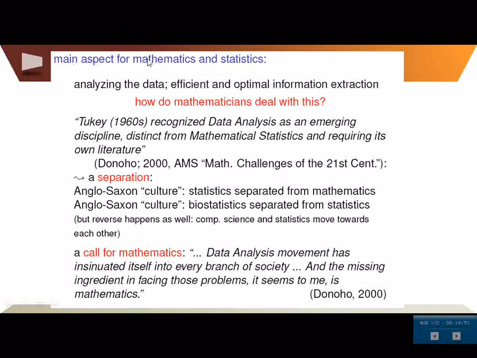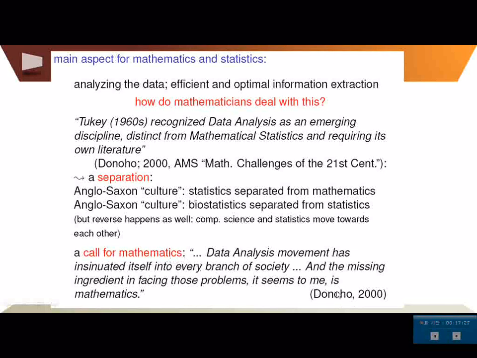Then what is the main aspect for mathematics and statistics? Analyzing the data, efficient and optimal information extraction. How do mathematicians deal with this? How do we analyze the data efficiently in optimal ways? This calls for mathematics again.